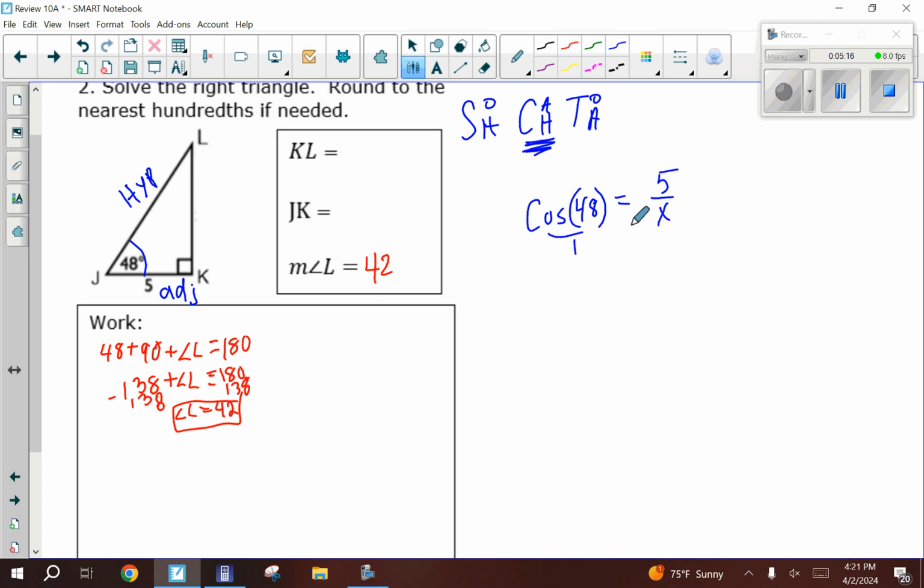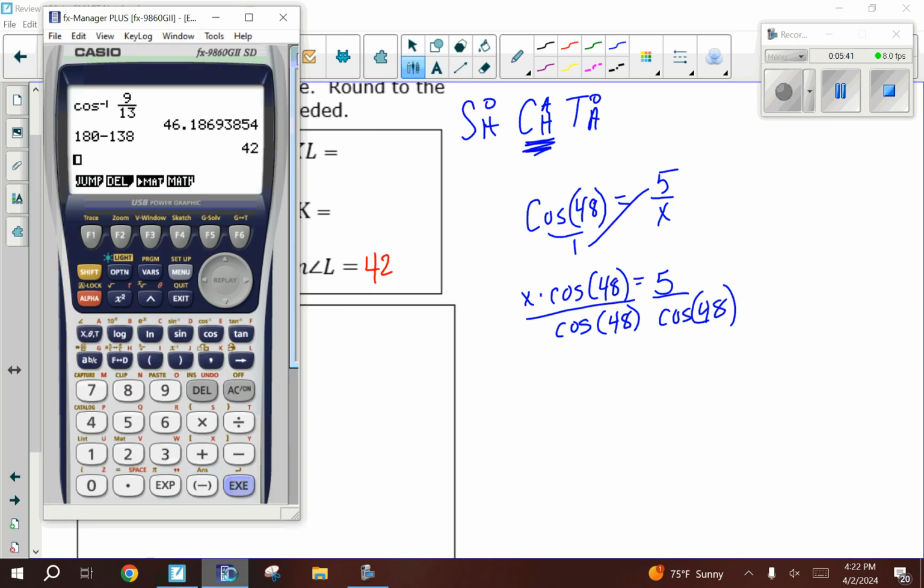So if I just put this over 1, I can cross multiply this. So I end up with x times the cosine of 48 equals 5, because 5 times 1 just gives me 5. Then I just have to divide by the cosine of 48 to get x by itself. And at this point, it becomes calculator work.